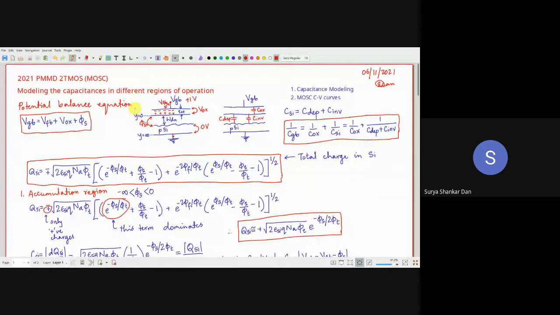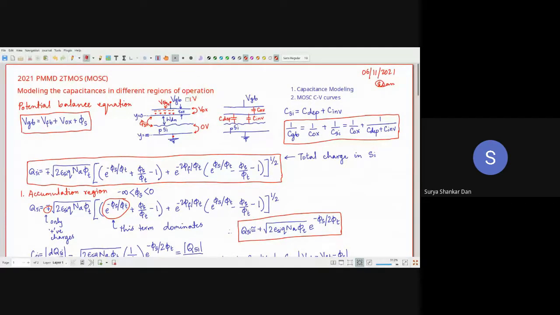Now we will try to understand what are the various capacitances involved in the same device. Notice again VGB over here, this is grounded. So where will the capacitance appear? Capacitance will appear whenever there is a separation of charge. Very simple.